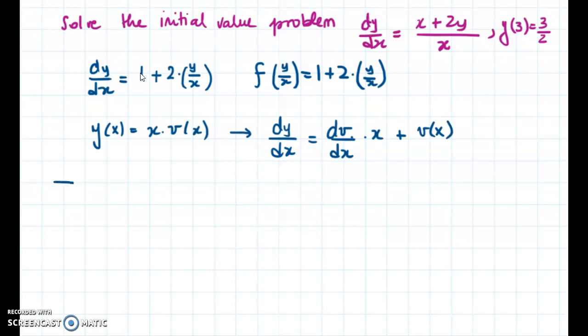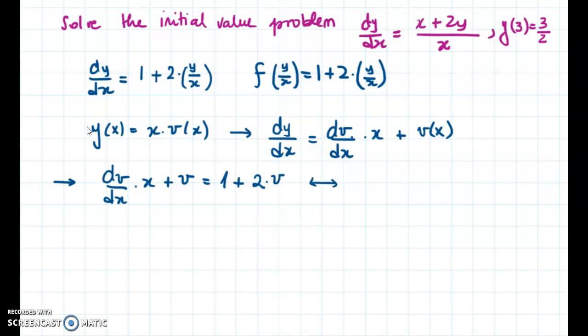So now I'm going to rewrite my differential equation, this time in terms of v instead of y. So I have dv dx times x plus v is equal to 1 plus 2 times, and then I have y over x, but that's v.